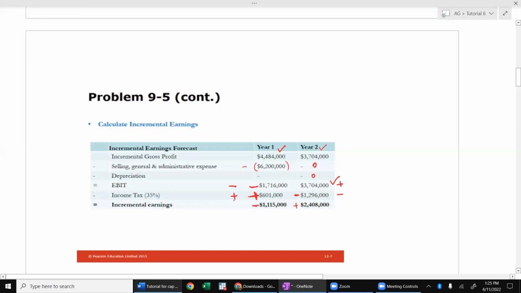May I ask you a question, and I would expect you to answer that. If I say this is a tax saving, 601,000, does it mean that the government will pay me 601,000? When I say that this is my tax saving because I made a loss, does it mean that the government will pay me 601,000?